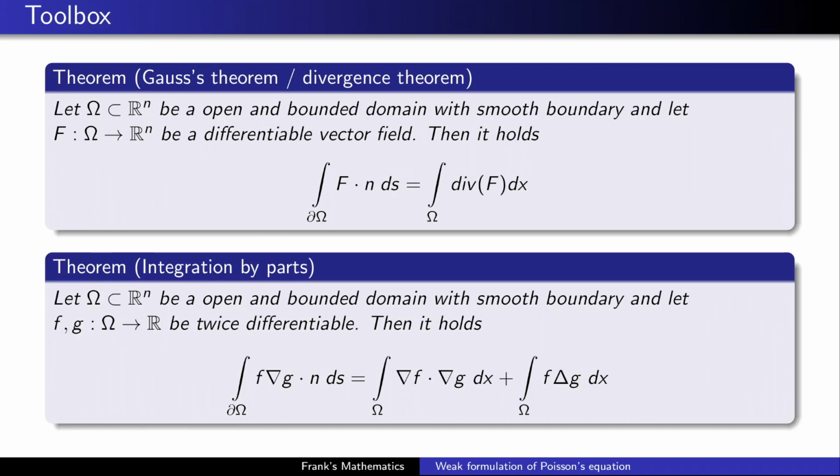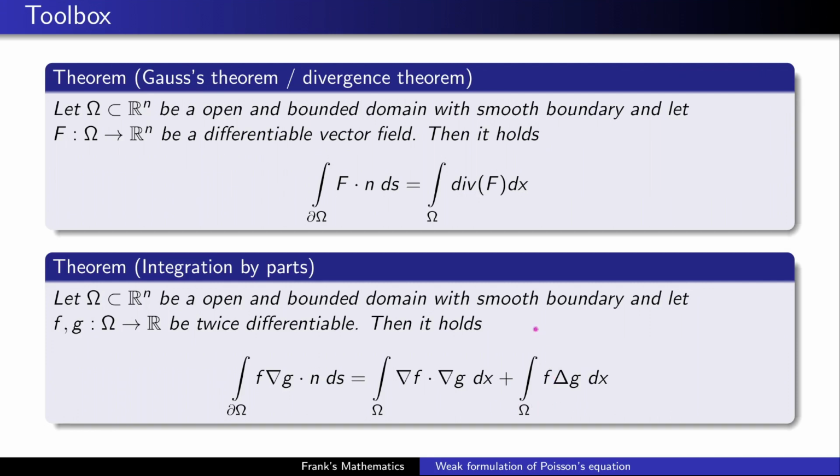So what's the point about this theorem? Well, let's take a look at it. Here we have the second derivative of g, while in all the other expressions we only have the first order derivative of g. And this is similar to integration by parts, where we shifted the derivative from one function to another.